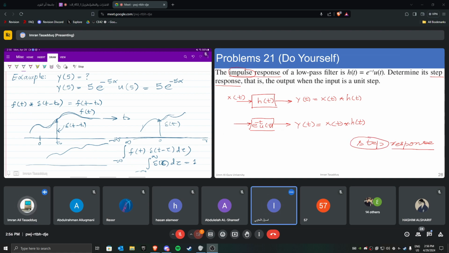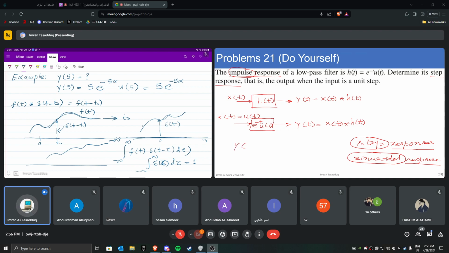Similarly, when we say sinusoidal response, that means the output of the system when the input is a sinusoidal signal. So for this example, x of t is actually u of t. We know x, which is u of t. We know h, which is e to the power minus t u of t. So I can find out y of t.